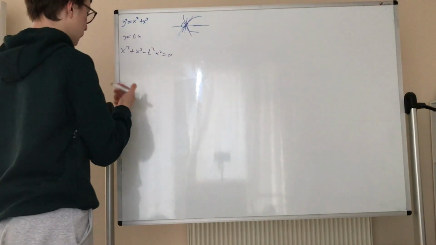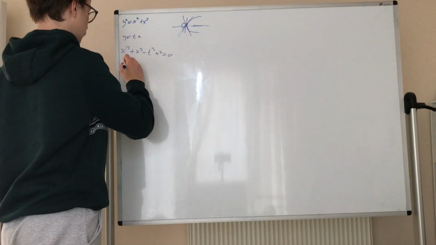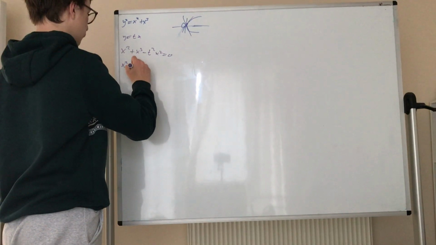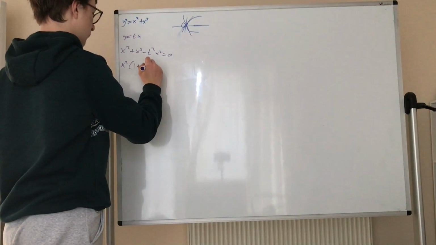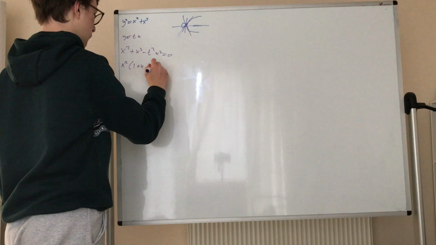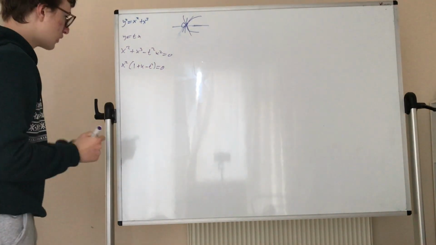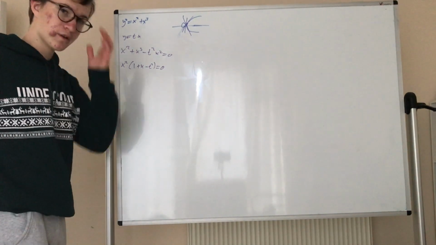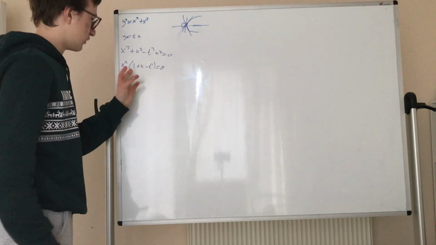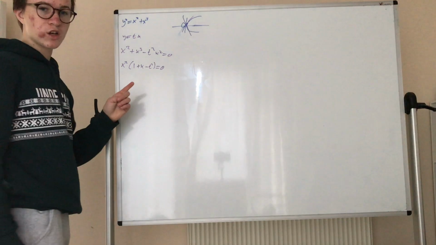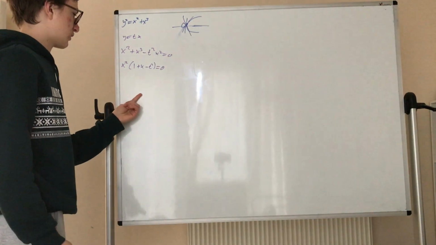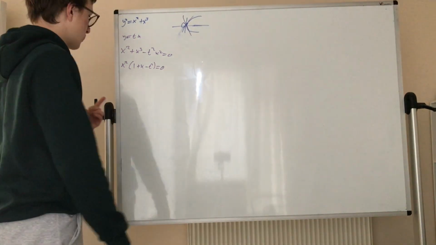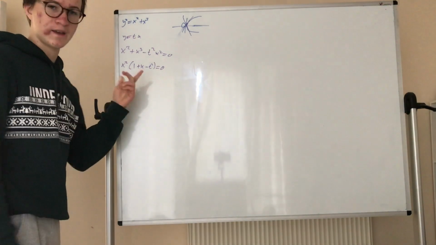We factor out our x squared, so we get x squared times (1 plus x minus t squared) equals 0. The double root at x equals 0 is the origin. So where else does this thing intersect?